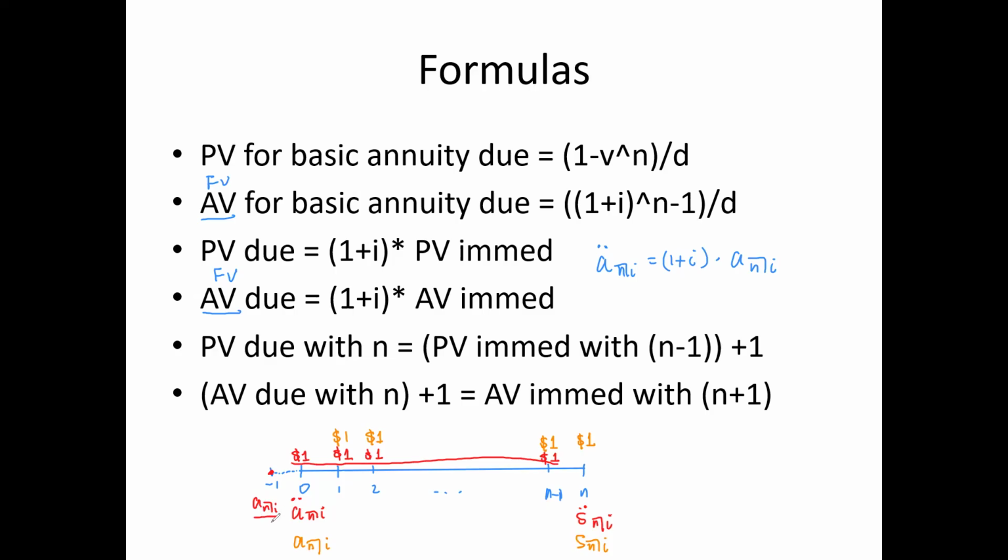So you have A sub n angle I here at time -1 for the red cash flow. Now you see this value happens one time period later than that. So if you accumulate this, you multiply this by 1 plus I, you would get the annuity due.